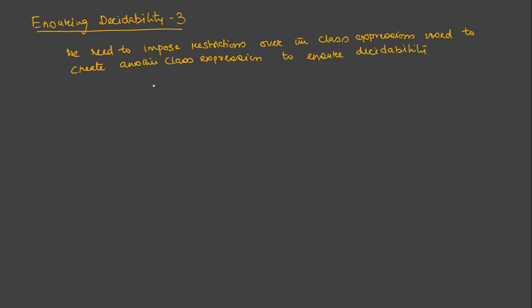So for example, what kind of scenarios can you think of? Let's say you have something like this: for all R C. You can have there exists R C. You can have for all R C. You can have less than or equal to n R C, greater than or equal to n R C. So these are the kind of expressions, we are using roles here, right? But we are also using certain class expressions that will be the class for the values these properties will take, right, for a given subject.